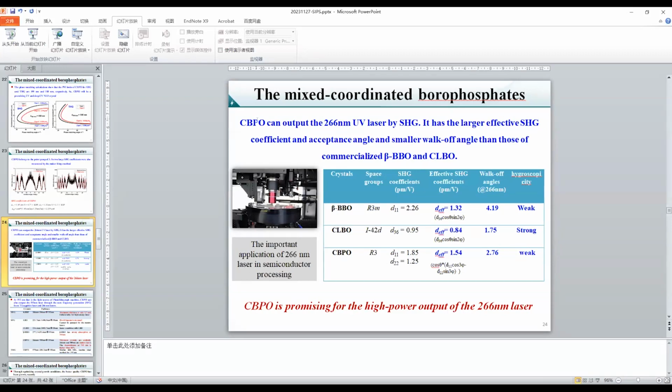CBPO can output this wavelength laser by SHG, and compared with the commercialized beta-BBO and CLBO, we can see CBPO has the largest effective SHG coefficient at 266 nanometer laser output, and it has a smaller walk-off angle, and it has weak hygroscopicity. So this compound is very good for high power laser output at 266 nanometers.